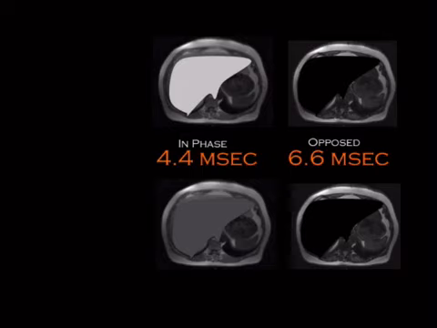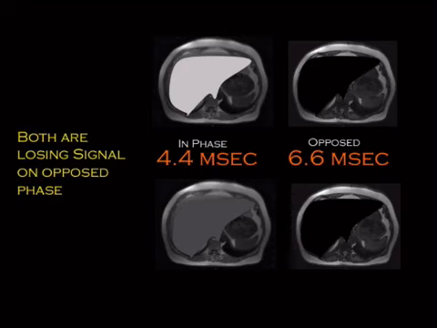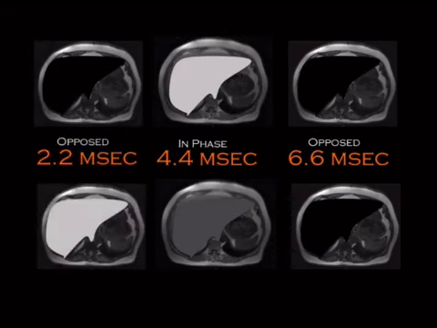Now we have signal loss on the opposed phase, which we'd expect with fat, but also our iron-laden liver looks darker on opposed relative to in phase. So you can't tell the difference between these. Both have lost signal on the opposed phase, right?